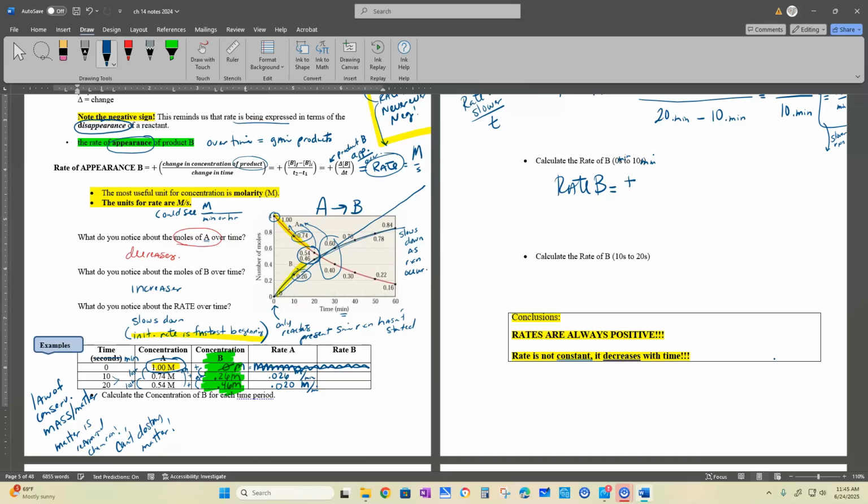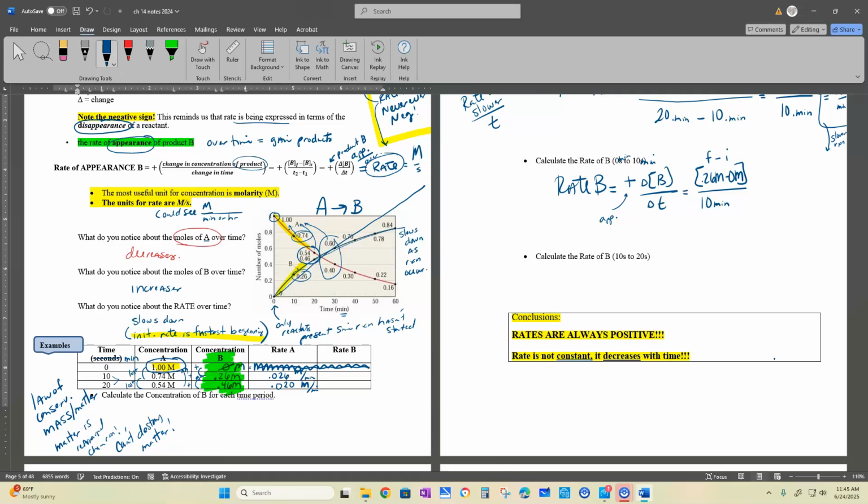Now it's appearing, so the change in B over time. So that positive that's in front, because remember, it's a product. It's appearing over time. So I'm still going to take my final minus initial. So my 0.26 minus 0, because I didn't have anything in the beginning, over that 10 minutes.